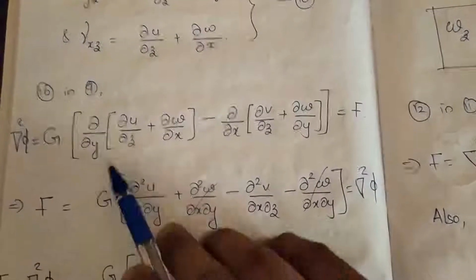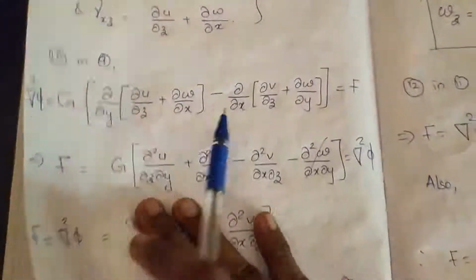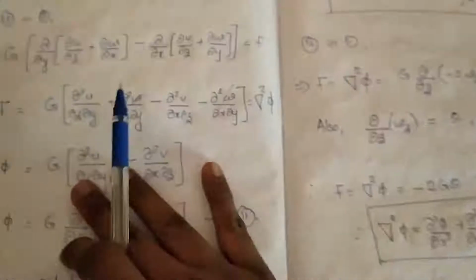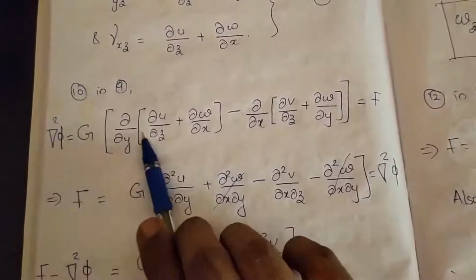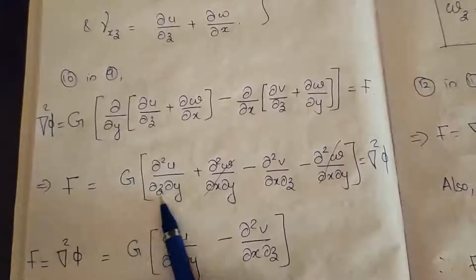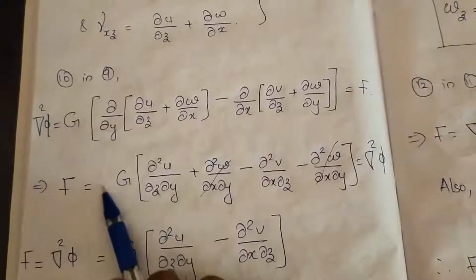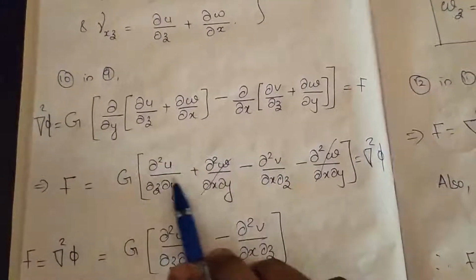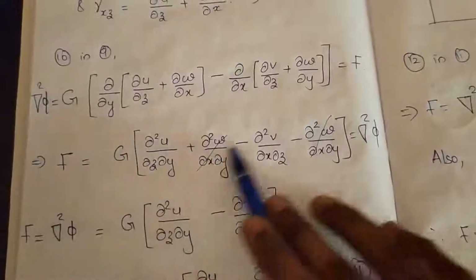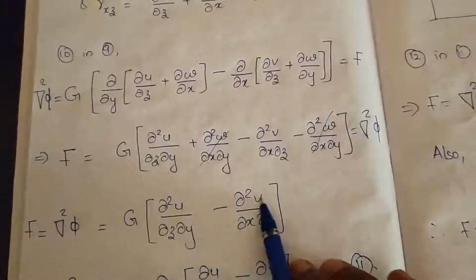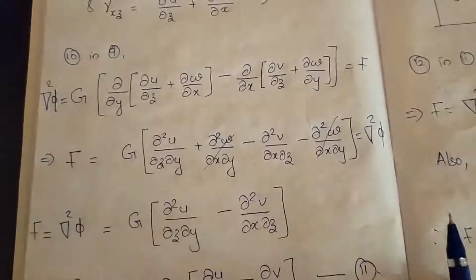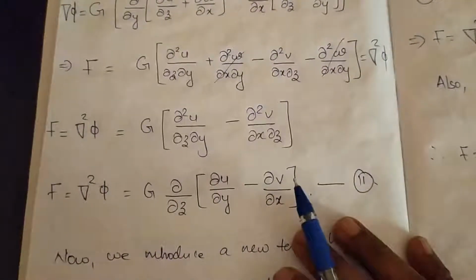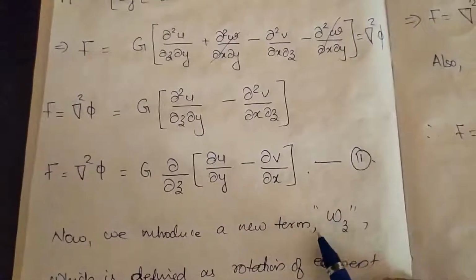Now substituting this in the previous equation, you will get this equation. Then you're just expanding the terms, and you will get this equation.